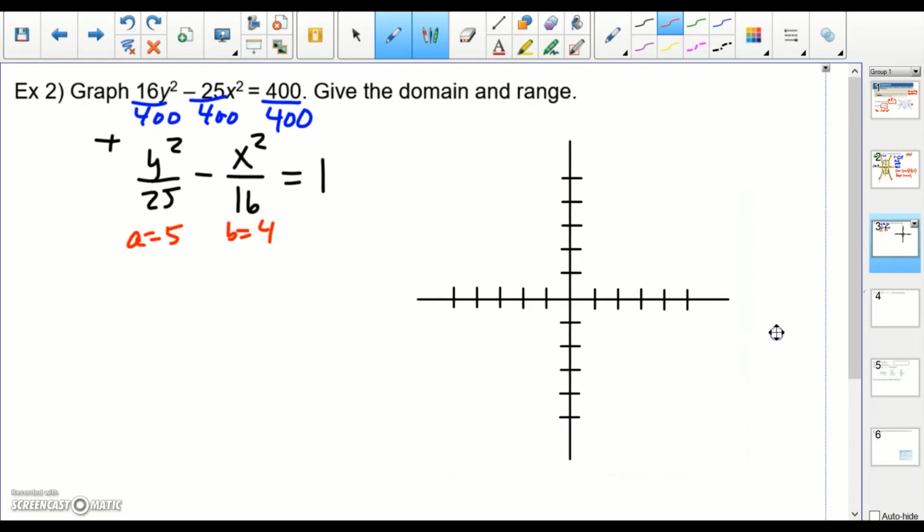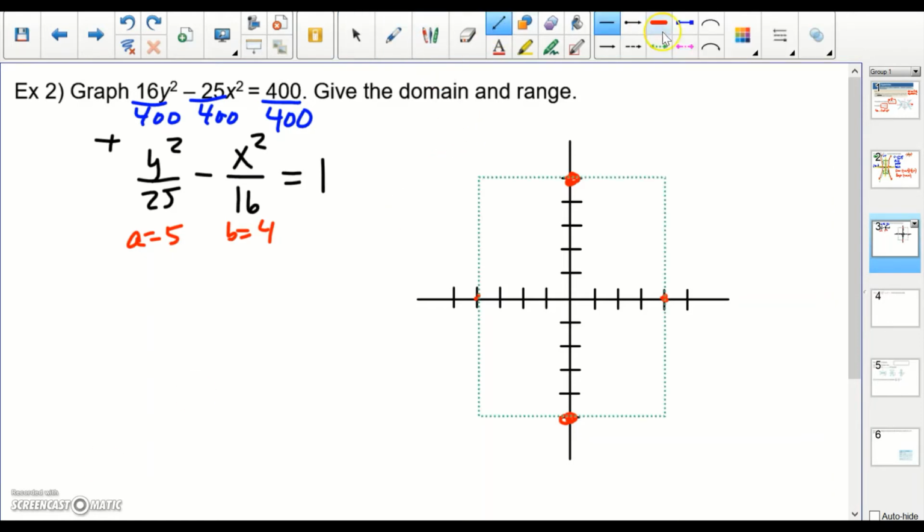The 5 number is going in my y direction, in my positive direction, so let's graph that vertex. And then the 4 is going in the other direction, in the x direction. Those aren't really vertices, but that's what I'm going to use to draw that box. So let's draw that box in there, and we will also draw the asymptotes.